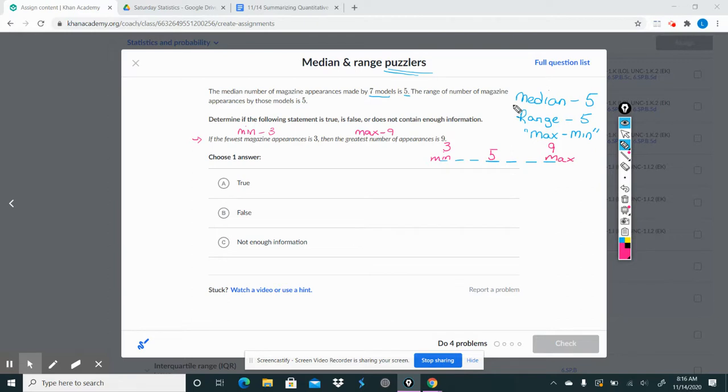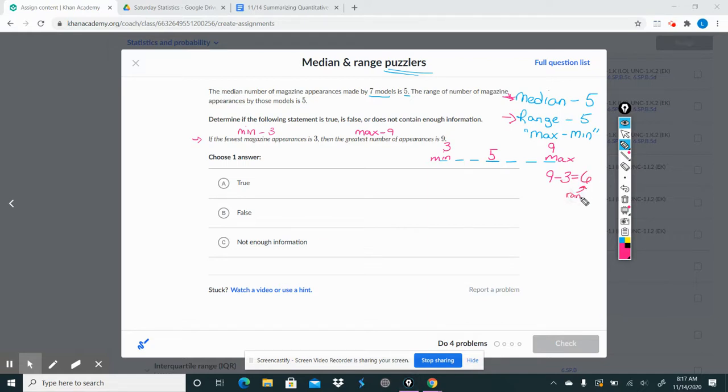Now, the median here really isn't going to help us with determining whether this statement is true or false, but our range can, because the range is the maximum minus the minimum. So if we take 9 and we subtract 3, we get 6, which would be our range.